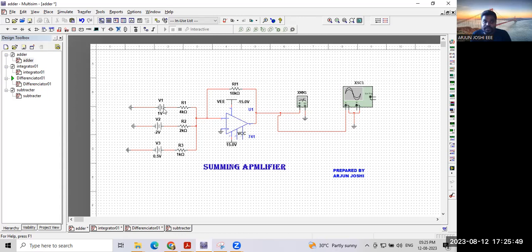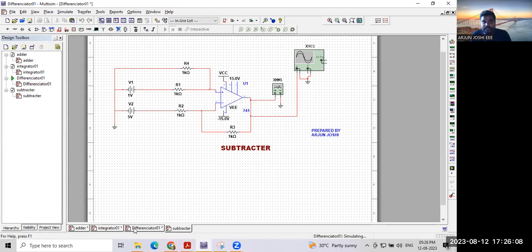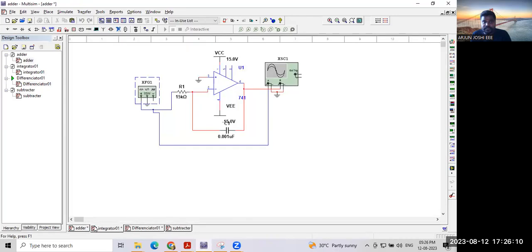DC power plus we connect, and minus we ground. The non-inverting terminal goes to ground, and the output goes to the multimeter. You can use a multimeter, or an oscilloscope also. I'm going to run the simulation.